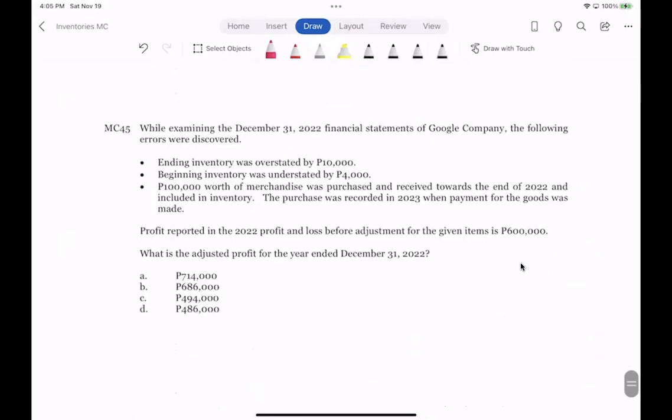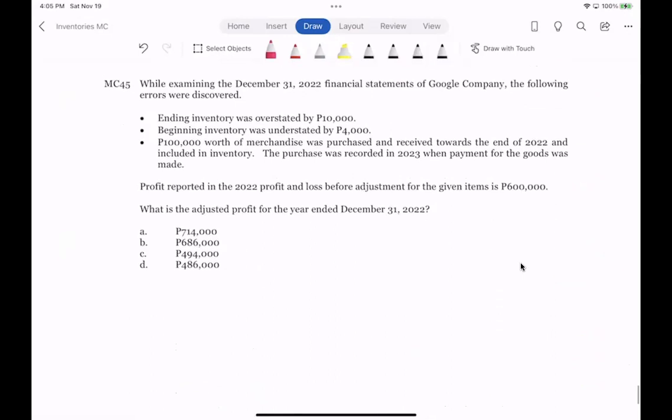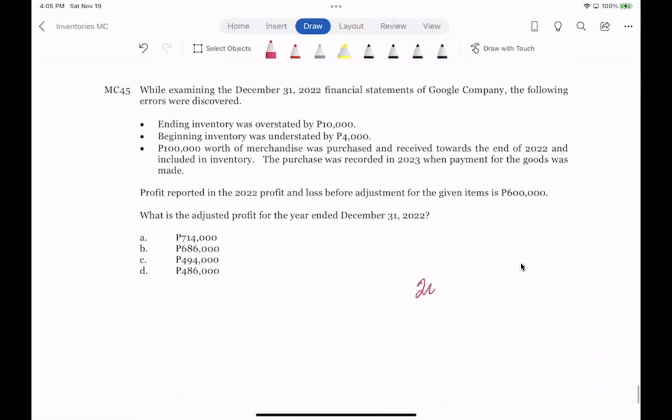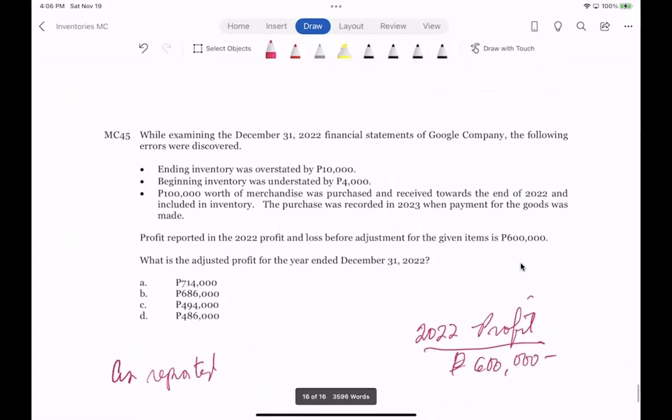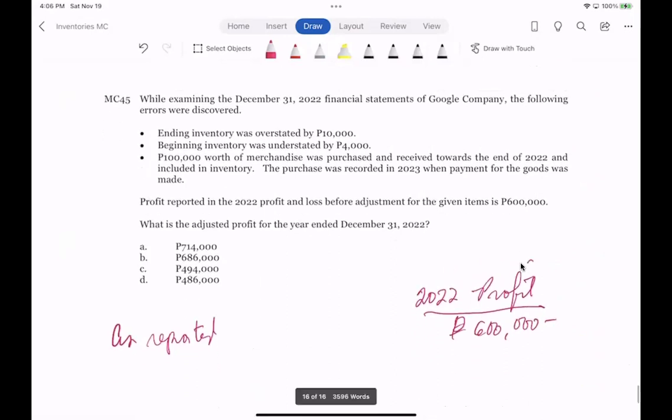And number 45, what is the adjusted profit for the year ended December 31, 2022? So we are looking for 2022 profit. Profit reported in the 2022 profit and loss before adjustment for the given items is 600,000. Then ending inventory was overstated.